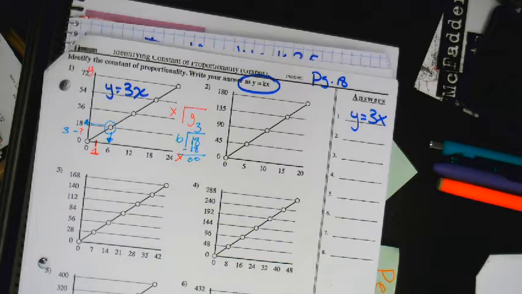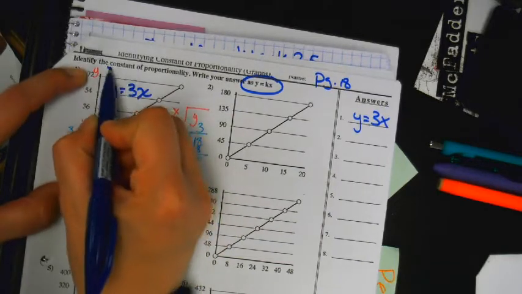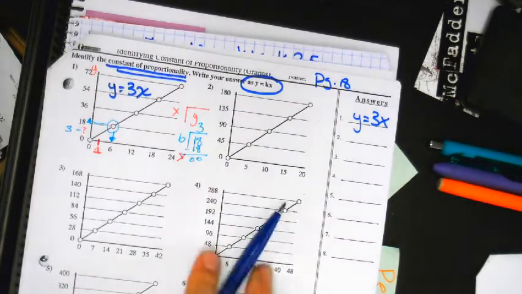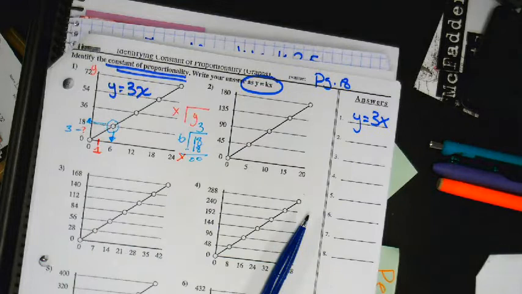Now, something else I want to go over. It says, identify the constant of proportionality. You might sit there and go, constant of proportionality? I don't know what that is. I'm just going to skip this question because it's fancy words. Guess what? Constant of proportionality is just a really, really fancy way of saying unit rate.